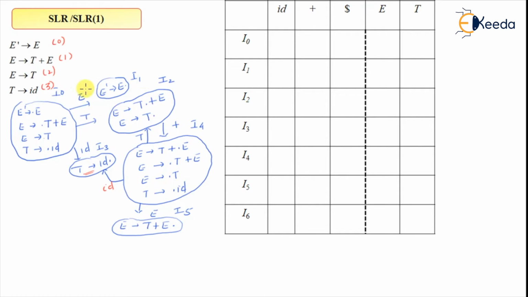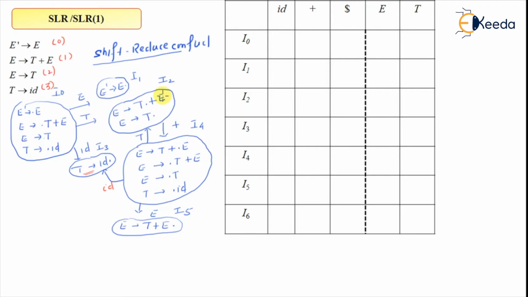This is the example from the previous lecture on shift-reduce conflict, and it resulted in a shift-reduce conflict because there was a multiple entry.